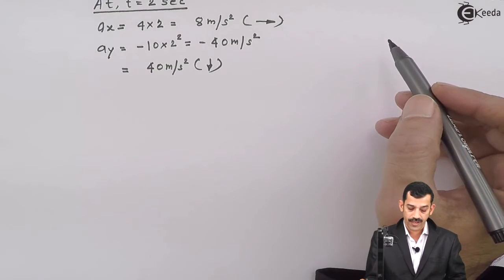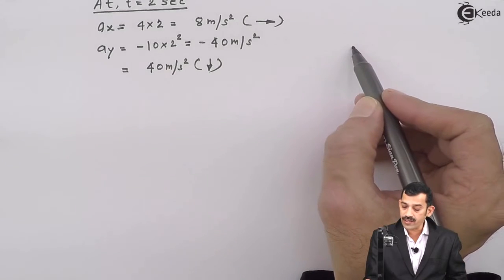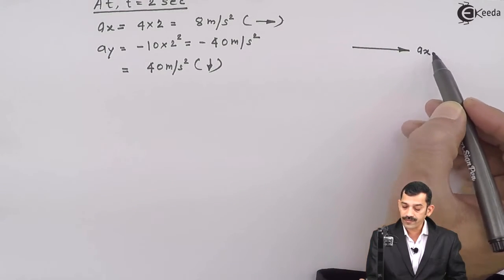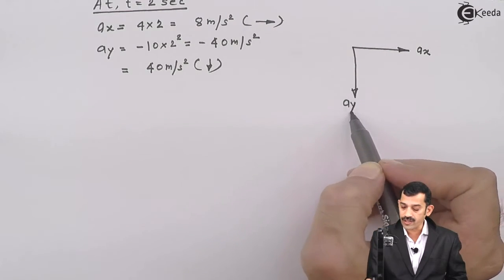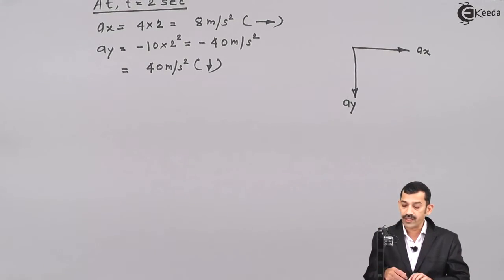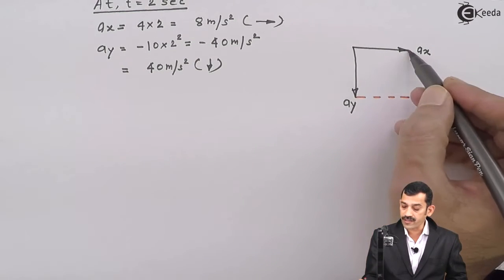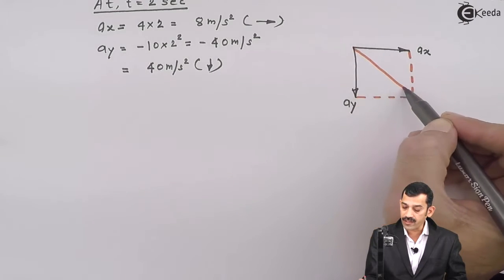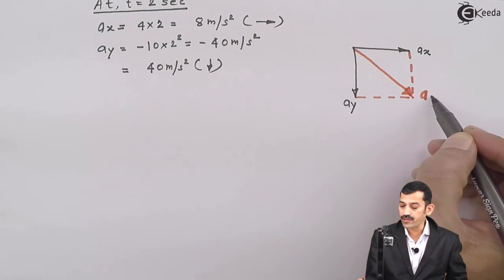From this, if we try to find our resultant acceleration, ax is rightward and ay is downward. Therefore, the resultant acceleration you will get in the fourth quadrant. If we represent the resultant acceleration here, its magnitude we will find by applying the Pythagoras theorem.